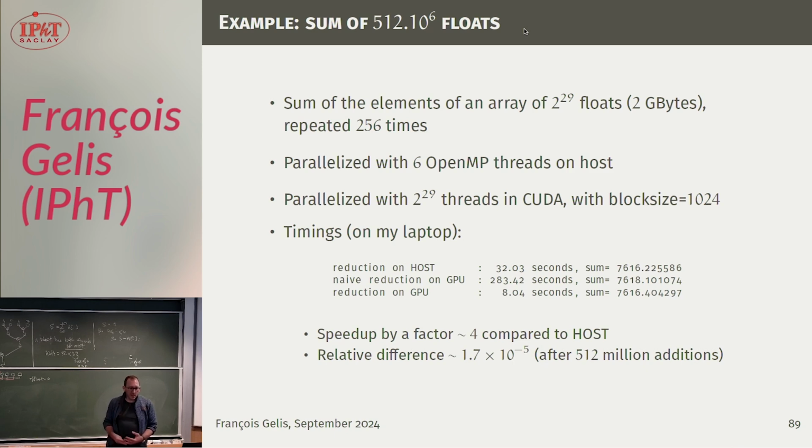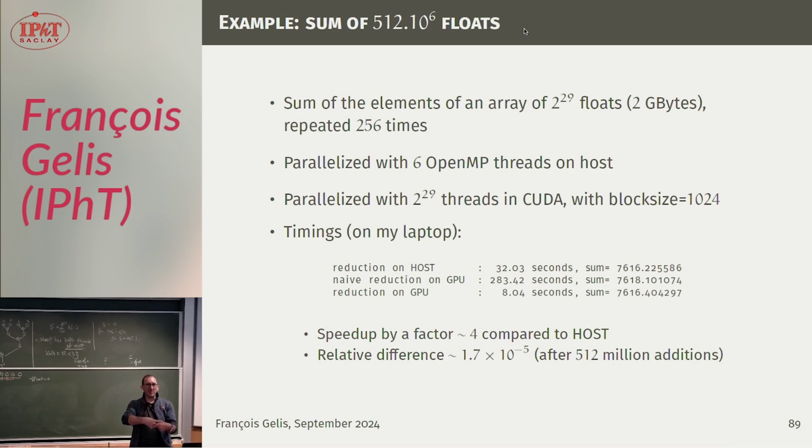But you see, in single precision, you have roughly 7 digits of accuracy at every operation. But here you're doing 500 million additions. And these errors accumulate. They don't always drift in the same direction, so it's better than having an error that accumulates only in one direction.